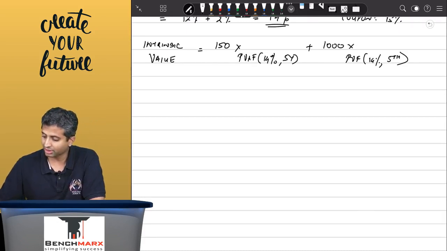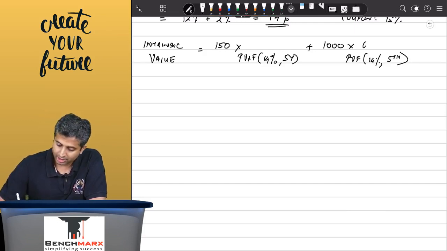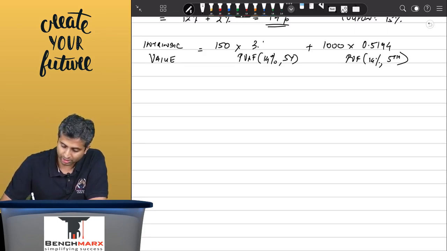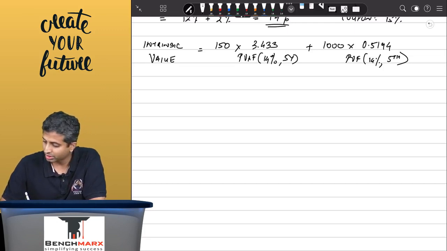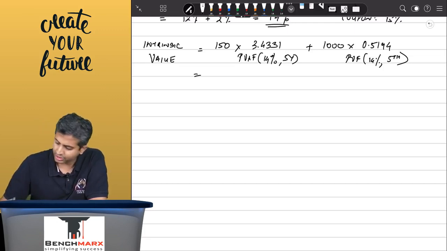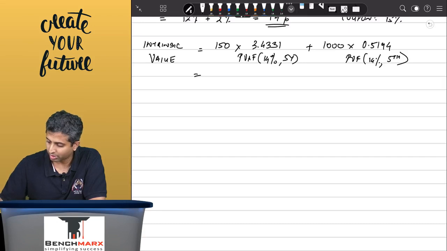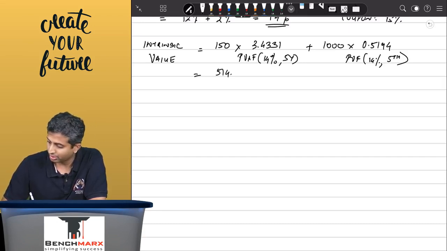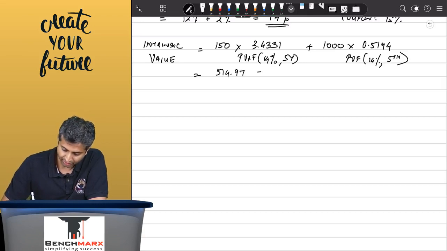Over here, the discount factors have not been given. So finally, you will have to do some calculations. 1, 2, 3, 4, 5. So this is 0.5194, and the grand total over here will be 3.4331, and hence this will be 150 into 3.4331, which is 514.97, plus 1000 into 0.5194, which is 519.4.